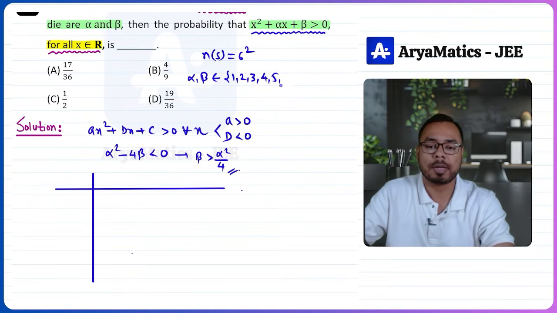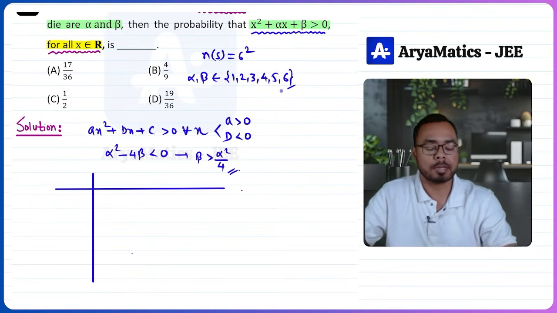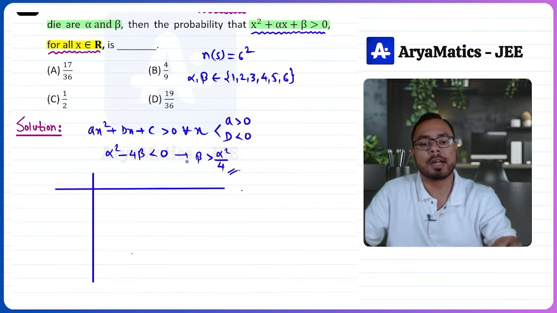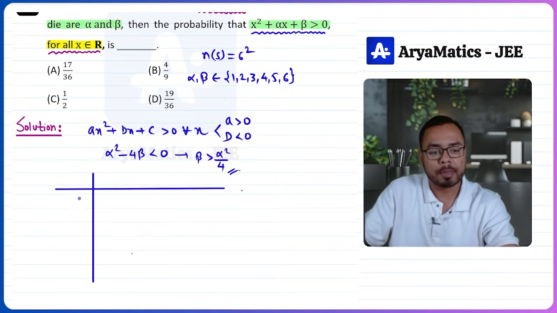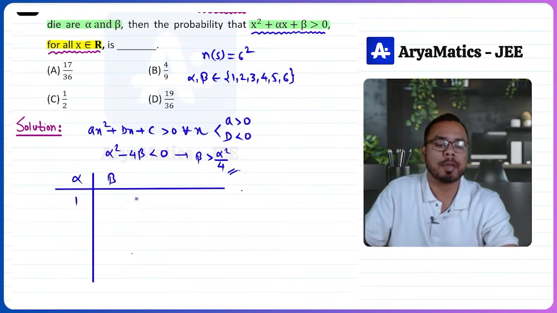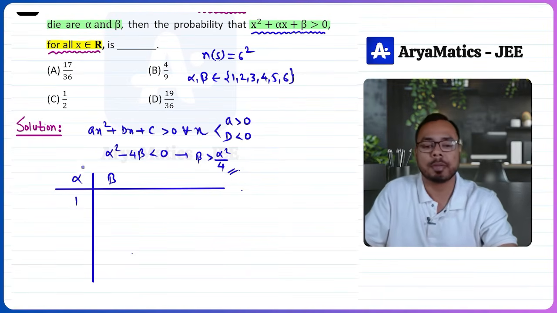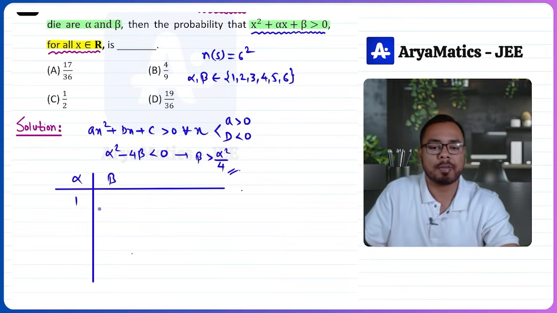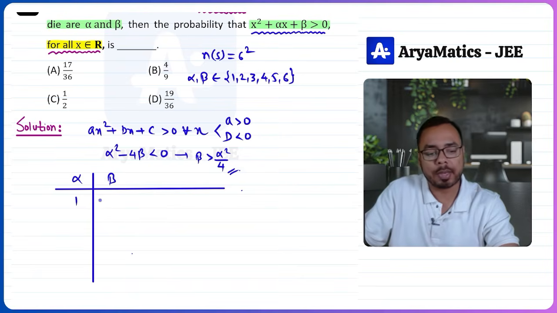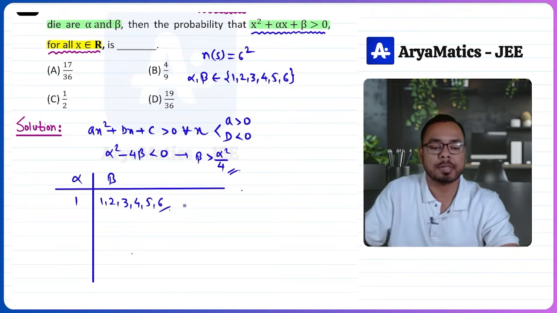Because when we are throwing a dice, we can get only these numbers. So let us start with alpha equals 1. On one side we have alpha, another side beta. And for this type of problem, we have to create the table and then see the favorable cases. So if I take alpha as 1, beta should be more than 1 by 4. So you can take any value of beta starting from 1 up to 6. So these are the 6 different cases.